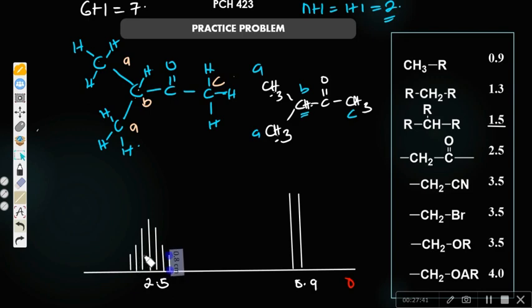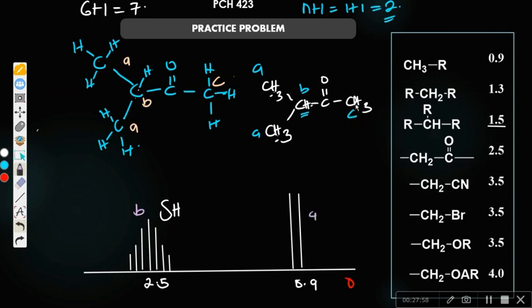This is 1, 2, 3, 4, 5, 6, 7. So this will be the signal. And what proton is giving this signal? Of course, it is just 1 proton. So you have H, or we can label it as B. So this one is A, this is B.